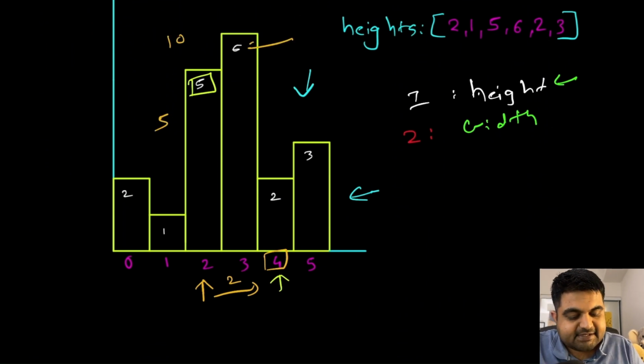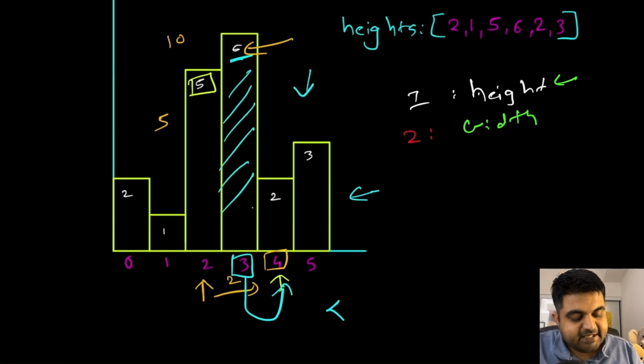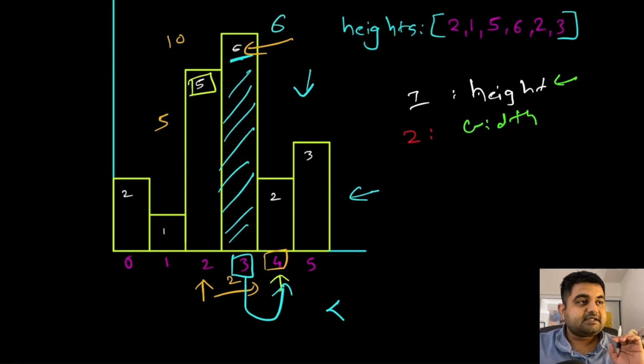Same way, this 6 comes into existence at index number 3, but since the height at index number 4 is lesser than at index number 3, this 6 only remains in existence for one single bar. So the maximum area we can make here is only going to be of size 6.